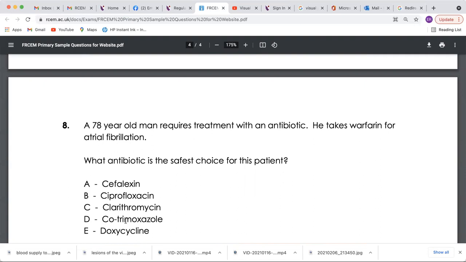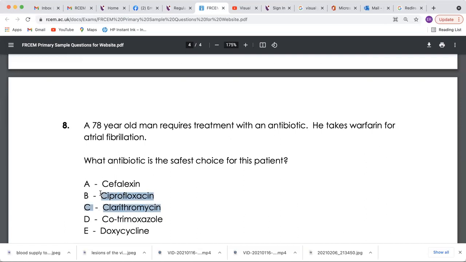So here, quinolones, ciprofloxacin, and clarithromycin is a macrolide. Sorry, these two are inhibitors actually.